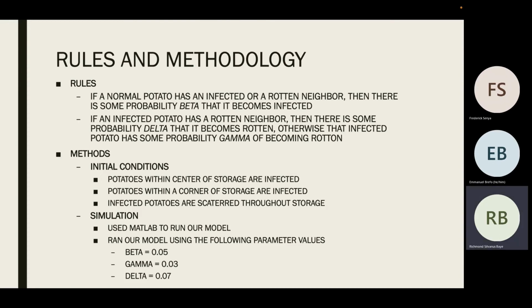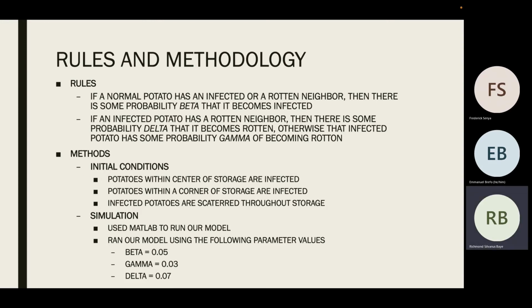So for the methods we employed, we considered 3 initial conditions. We had some small amount of infected potatoes placed at the center of our grid. Then we had another set of potatoes placed in the corner of a storage, or in the corner of our grid.